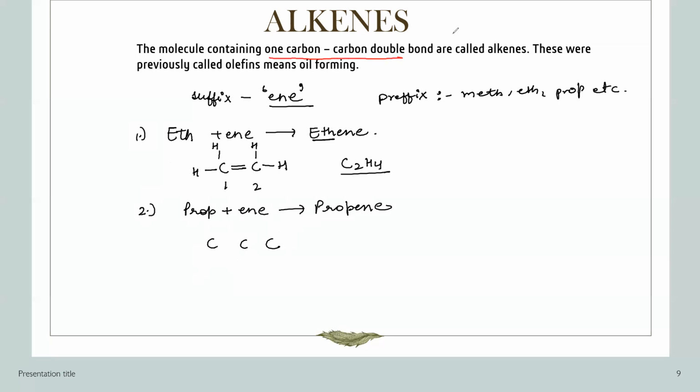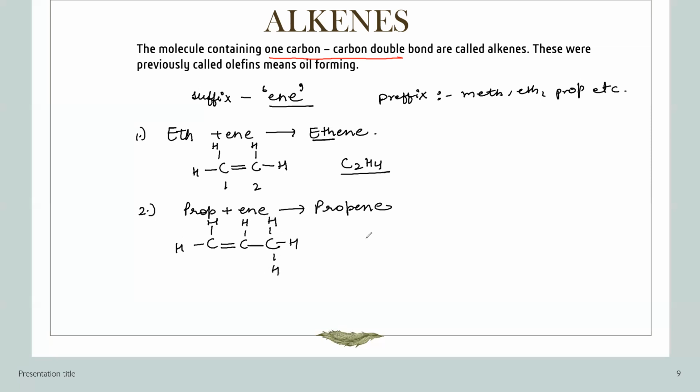So I will make 1 carbon-carbon double bond here. The rest would be single bonds. So let us give the necessary hydrogens. Carbon 1: 1 hydrogen and 1 hydrogen. Carbon 2 has already made 3 bonds, 1, 2, 3, so I just need to give it 1 hydrogen. For the third one, 1, 2, and 3.